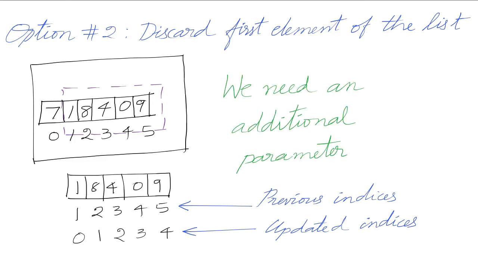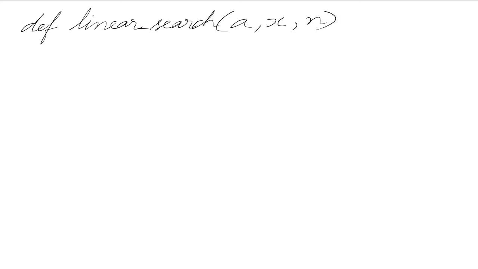So we need an additional parameter to handle this scenario. So the method now has 3 parameters. A and x are the same as before, but we also have n, which is the index.